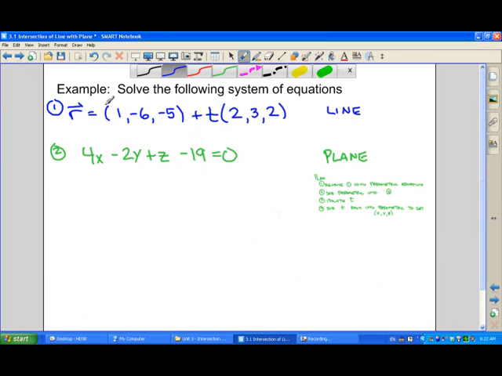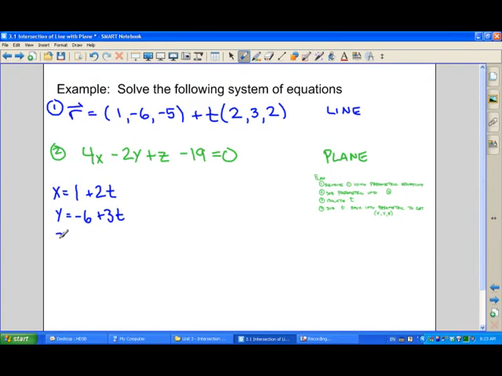To follow step one, I'm going to take my equation of a line and break it up into x, y, and z components, or parameters. So my x parametric equation is 1 plus 2t. My y equation is negative 6 plus 3t. And my z equation is negative 5 plus 2t.